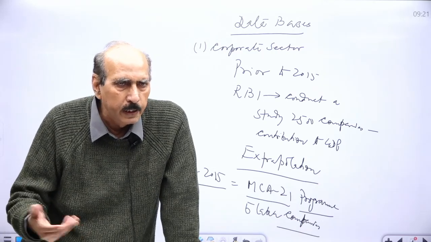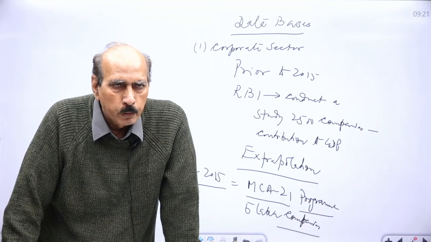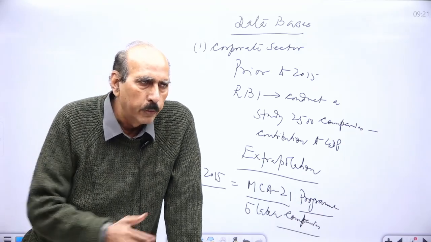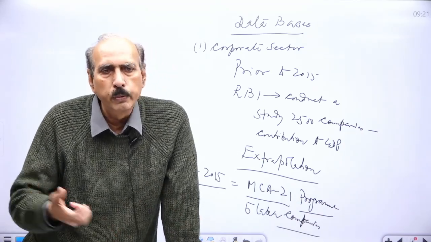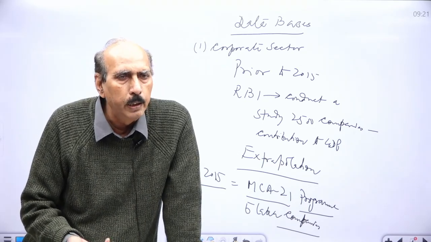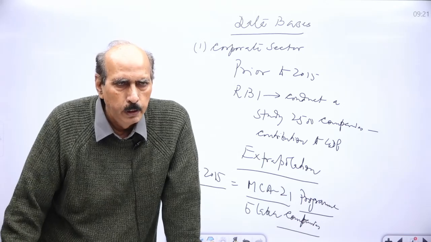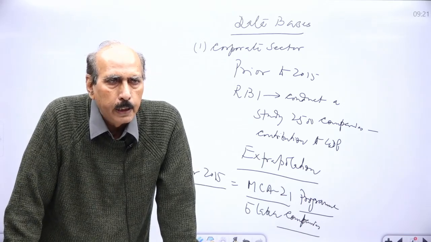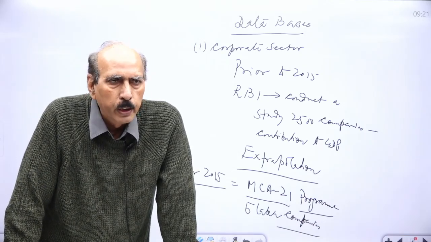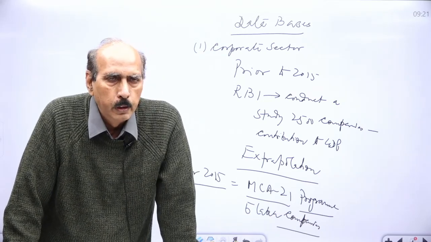So input credit lene hai, so you have to indicate the input bought by you. Therefore, they indicate how much we have bought and how much we have sold. What is the difference? That is the value addition. Therefore, now CSO can easily calculate the value addition in the trading activity, which was very, very difficult earlier.